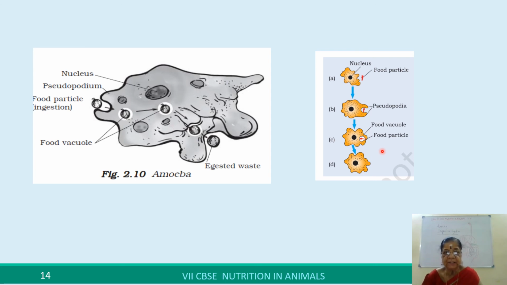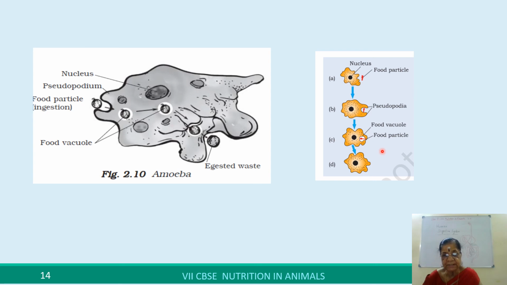So in this presentation we have discussed the process of digestion in humans with the details of the alimentary canal, the process of digestion in the stomach, liver and pancreas secretions, then the small intestine, and then through the colon and rectum, the undigested food material is sent out through the anus.